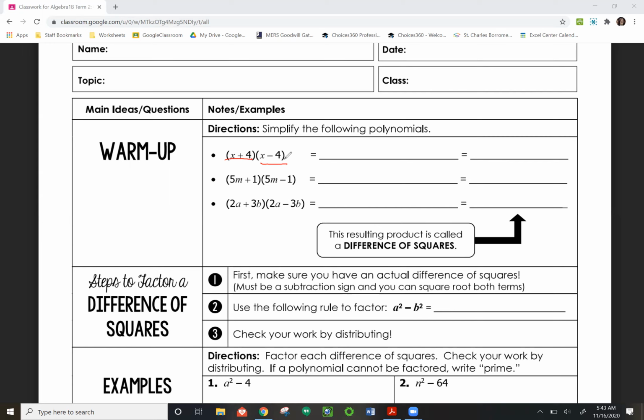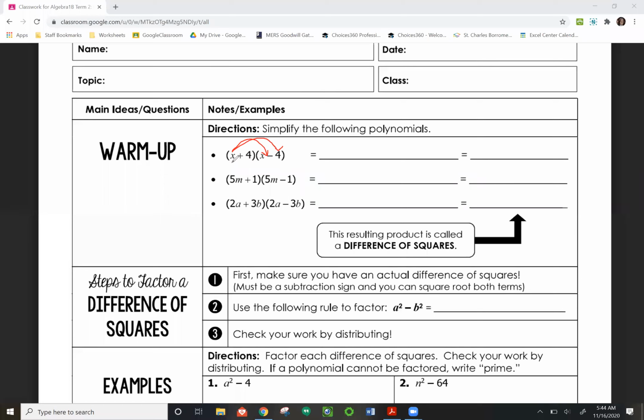So as a warm up, let's go ahead and simplify these polynomials, okay? And then we'll work on what it looks like to write them in their factored form. So right now it's in its factored form, x plus 4 times the quantity x minus 4. So when we distribute, you have to make sure you multiply everything by everything, okay?